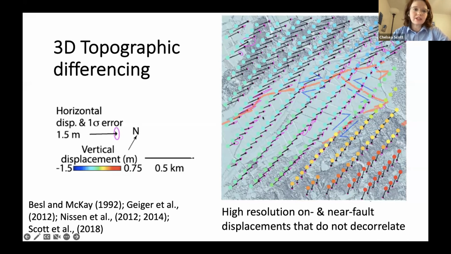And so this high resolution topography offers high resolution measurements of displacement on and near the fault. This is in contrast to GPS, which has a much lower spatial resolution. And in contrast to conventional InSAR, these displacements do not decorrelate along the fault. And so they offer important observations of near fault deformation.